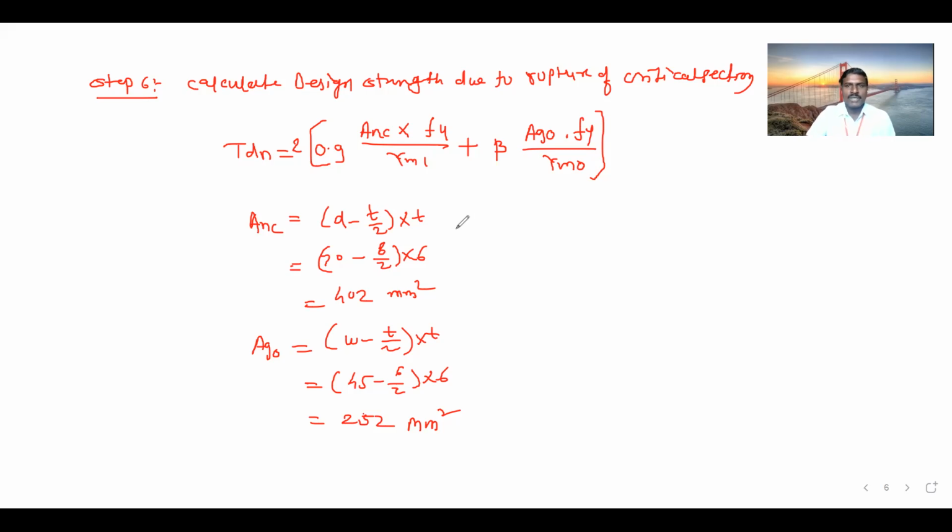Are you getting? Whatever things we are calculating, you should know how to calculate.